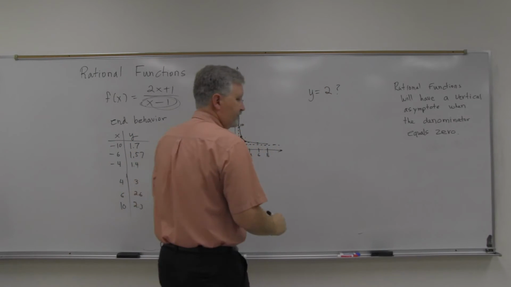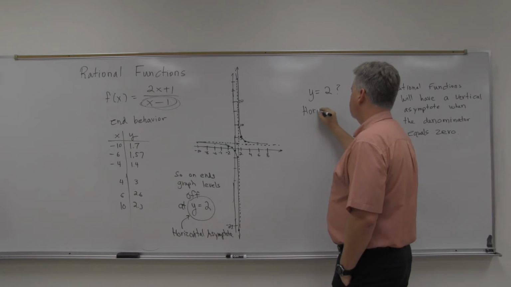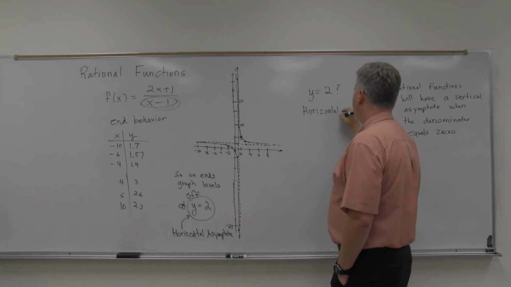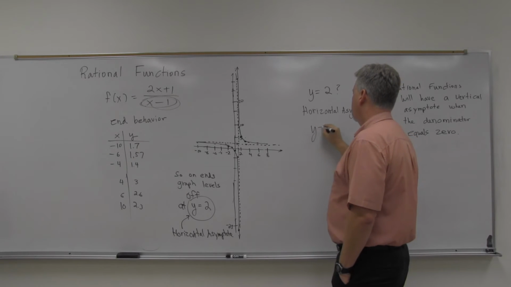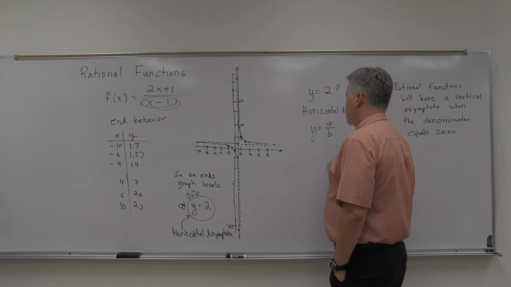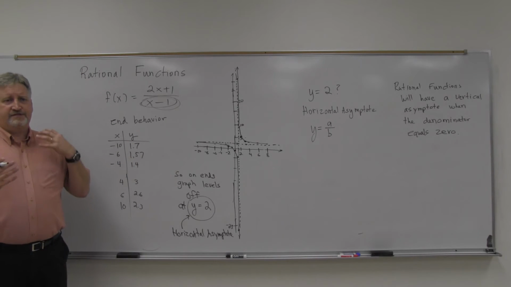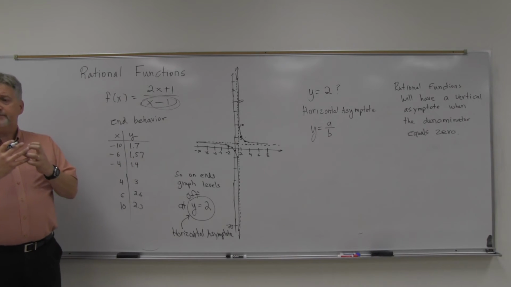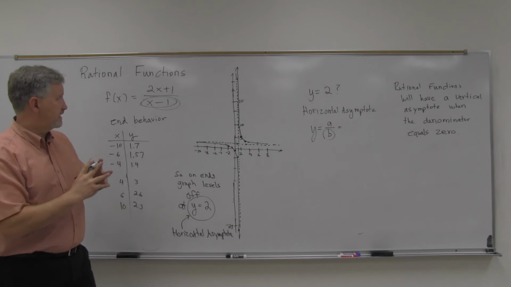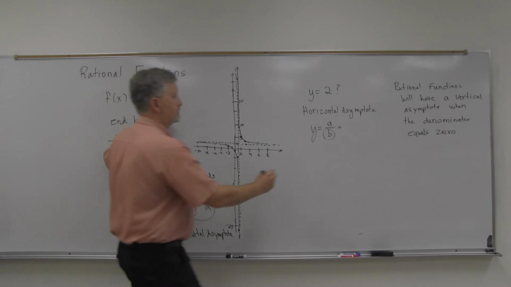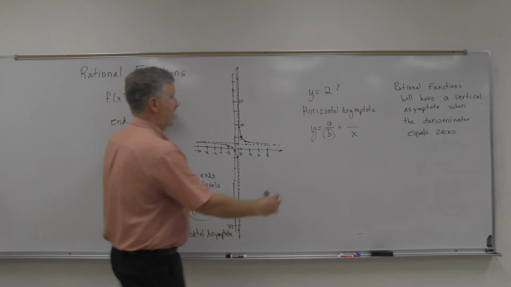For horizontal asymptotes, here's what we're going to look at: y equals a over b, where a and b are matching terms. b is going to be the leading term of the denominator, which in this case is x, and a is going to be the leading term on the top, which is 2x.